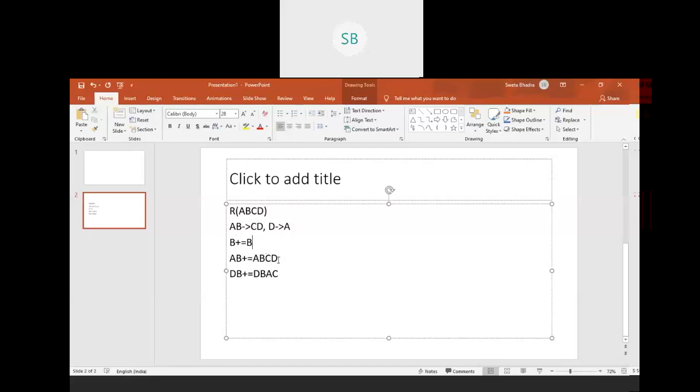So CD also came. Now we have the next functional dependency, D determines A. But this A is already present. So that means obviously this AB will be the candidate key because it is determining all the attributes.